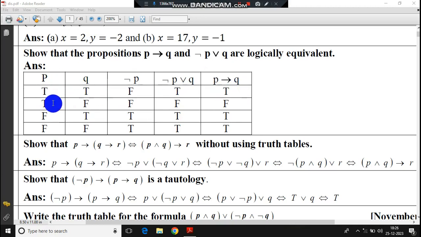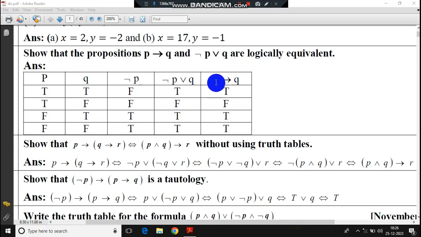If P is true and Q is false, then P implies Q is false. If P is false and Q is true, then P implies Q is true. If P is false and Q is false, then false implies false is true.